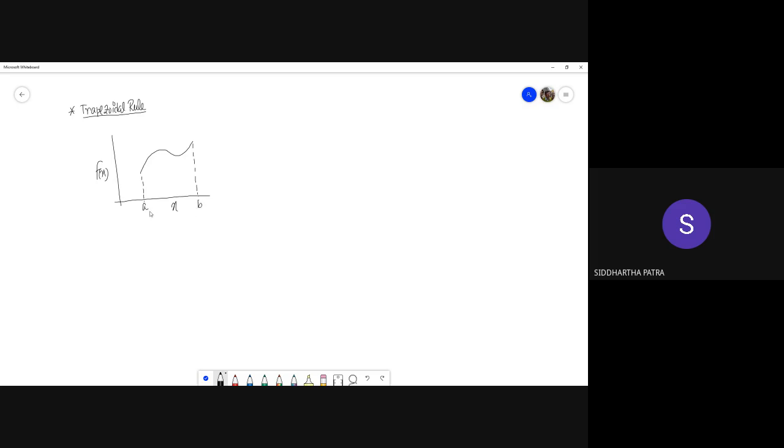So again, the limits on x are a and b, and this is the function of x, and we are trying to evaluate this area under the curve. Let's say this one marked in blue.